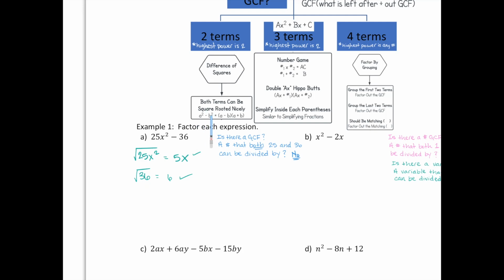So because they can be square rooted nicely, we're going to put our 5x and our 6 in the parentheses. But what is a minus and what is a plus? It doesn't matter if you put the subtract first or the plus first, both are correct answers.